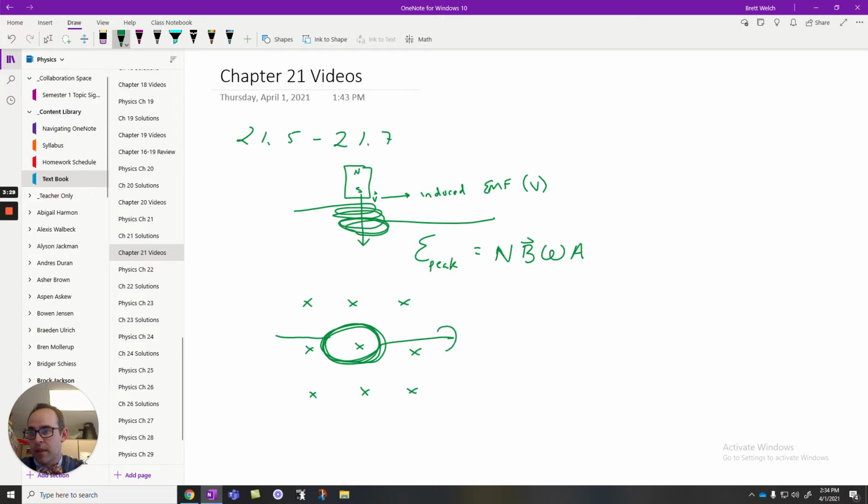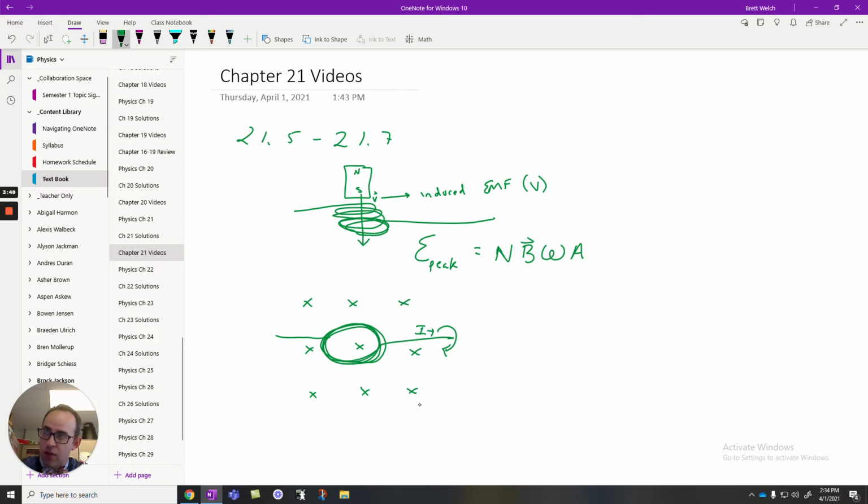If I were to give this a twist in that magnetic field, that twist would create electrical flow through the wire. It would induce a current of some type, one way or the other, because there's an induced voltage, a potential difference.